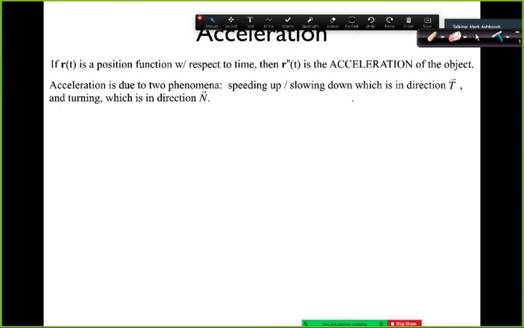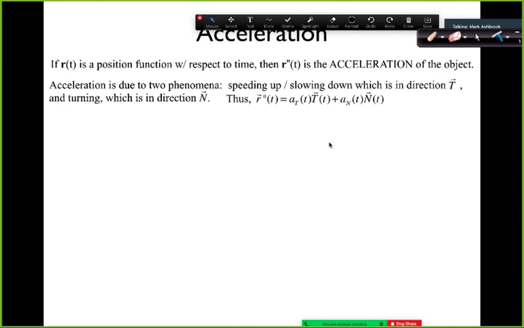Okay? So it makes sense to talk about acceleration by decomposing it into these two types of acceleration. Then that picture that I showed you is going to make sense. But if you're just seeing the vector pointing in all different directions, it's hard to make heads or tails of that.